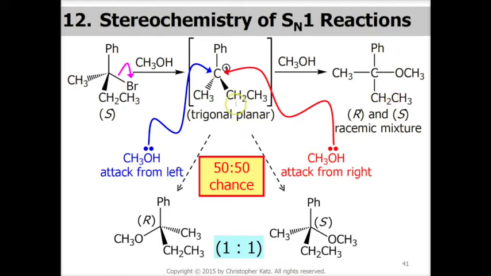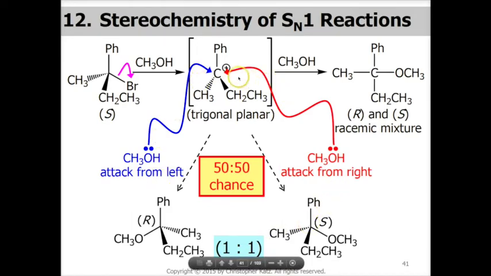Well, because your carbocation that you formed is a trigonal plane. It is a trigonal planar arrangement. So if it's a trigonal planar arrangement, then there's no bias that the methanol should come either from this side of the trigonal plane or the other side.